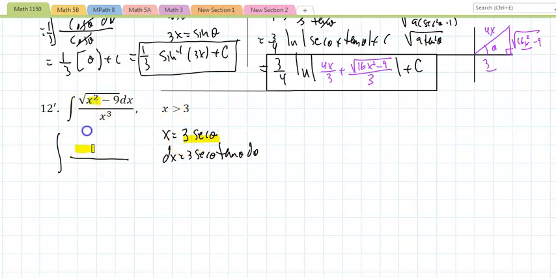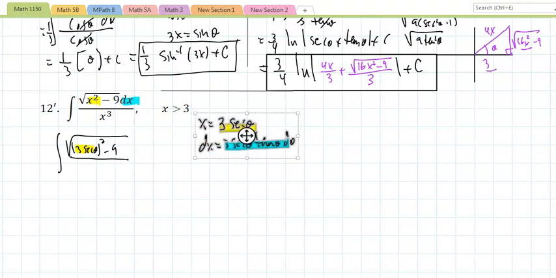That's going to be 3 secant of theta, squared, minus 9 under the radical, right? dx is all of this: 3 secant of theta tan of theta d theta. And remember, there's another x right there. That would be 3 secant of theta cubed.